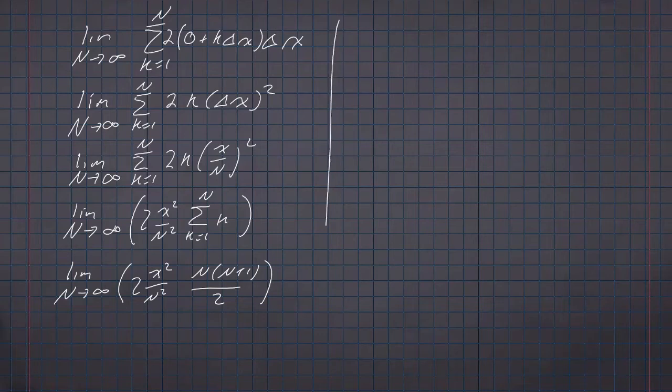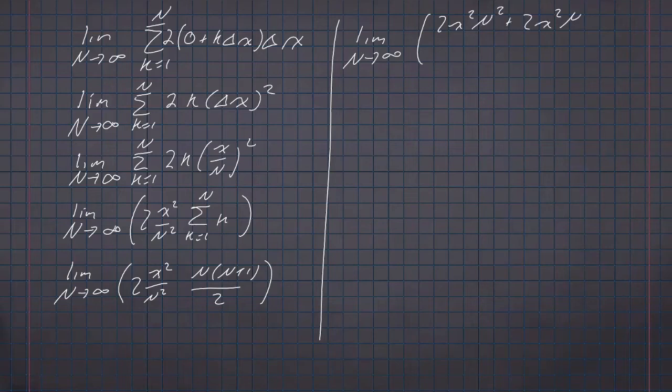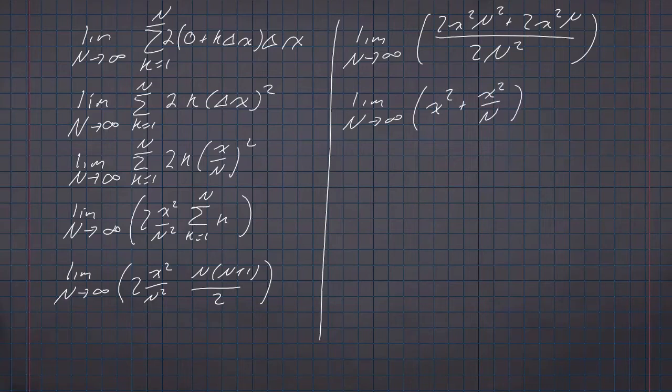Once again, multiplying through here, we have 2x squared n squared plus 2x squared n all over 2n squared, and we can divide that through to get x squared plus x squared over n.